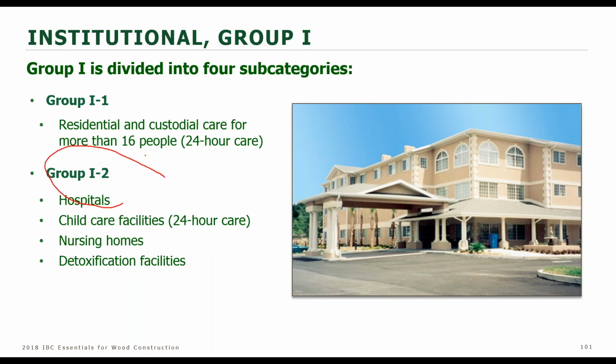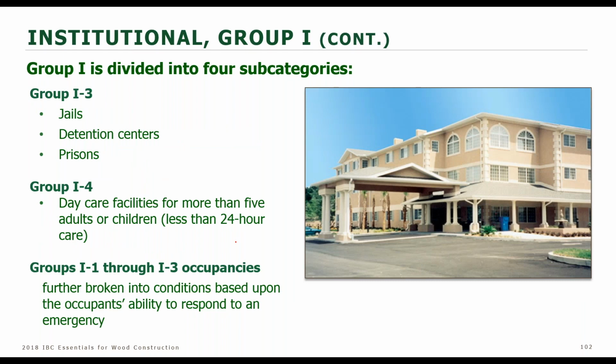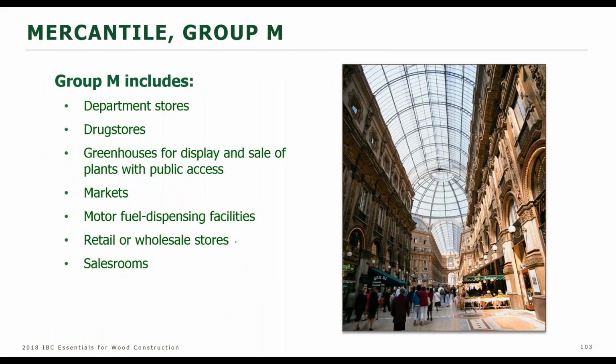In general, still I2 are hospitals and nursing homes. I1 are other kinds of care facilities. I3s are jails. I4s, daycare. You can see how that may be new to you. I1 through 3 are further broken into conditions for the occupant's ability to respond to an emergency.